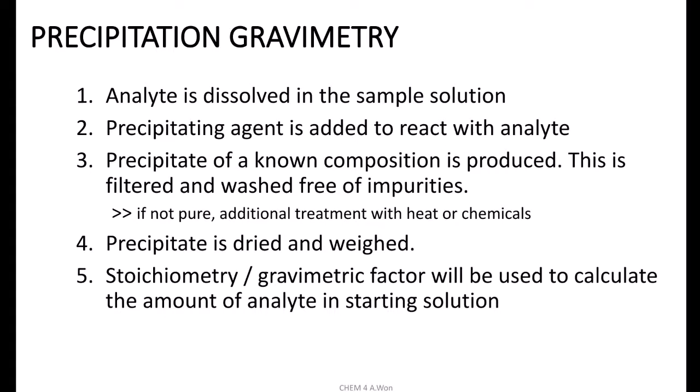Kung may water or impurities na kasama ang precipitate na na-collect mo from the reaction, the result of this calculation will of course become inaccurate, especially if the water is not accounted for in the chemical equation.